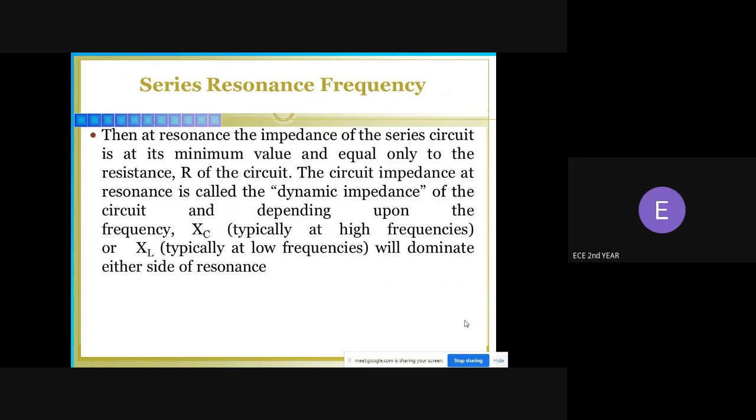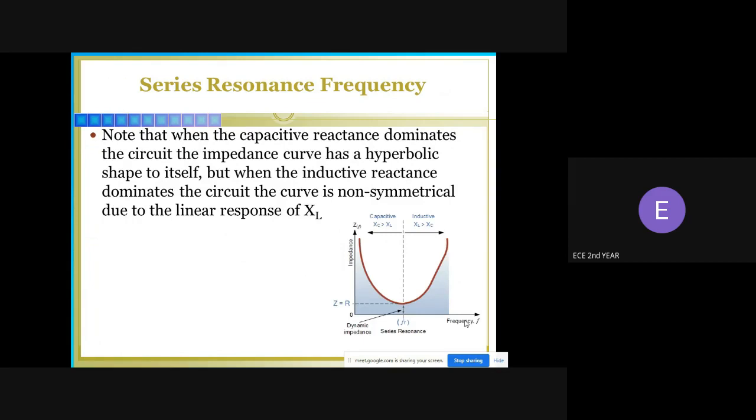XC typically at lower frequency and XL at higher frequency will dominate either side of the resonance. In the graph we can see that. Note that when the capacitive reactance dominates the circuit, the impedance curve has a hyperbolic shape. But when the inductive reactance dominates the circuit, the curve is non-symmetrical due to the linear response of XL.